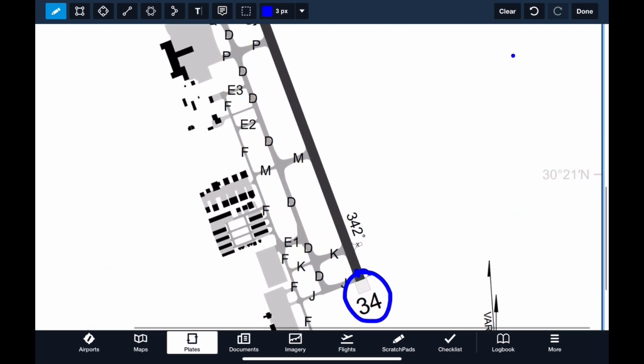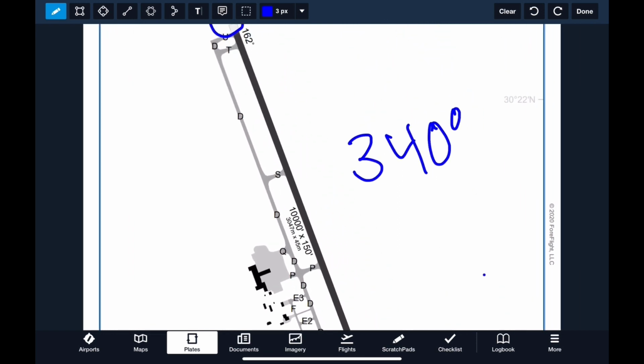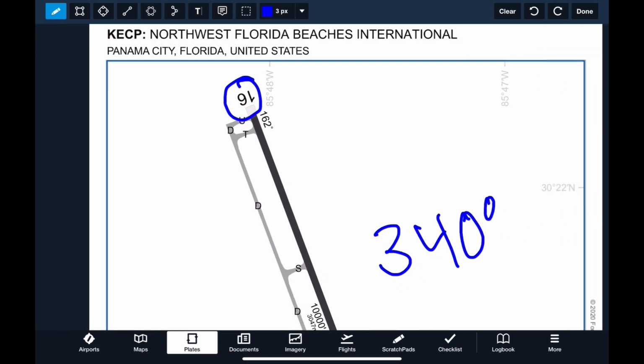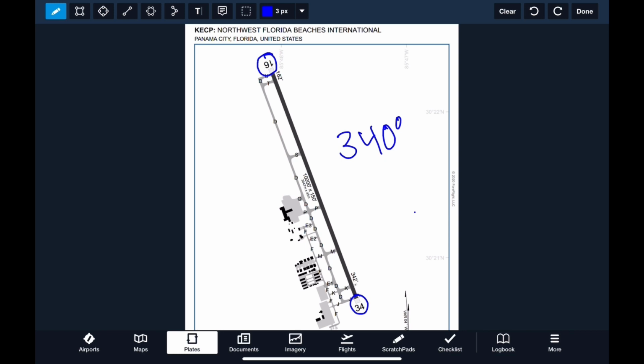If you can see here, it's calculated around 342 degrees, but they never put that specific number, they just round it. Same with runway 16, 162 degrees, but they're going to round it. So it's 16 and 34. So if they're coming from the opposite direction, they would be facing 160 degrees.